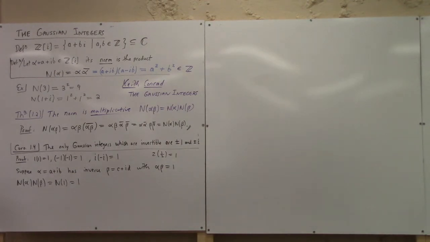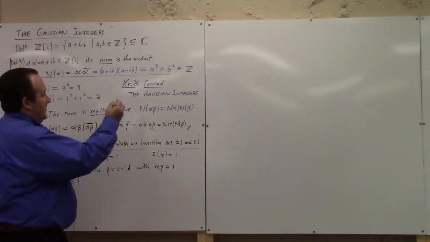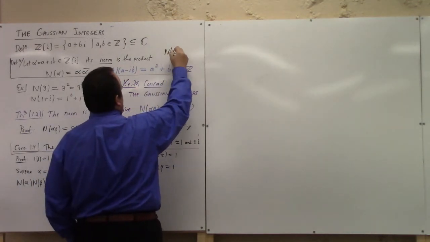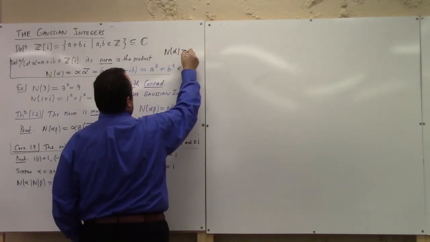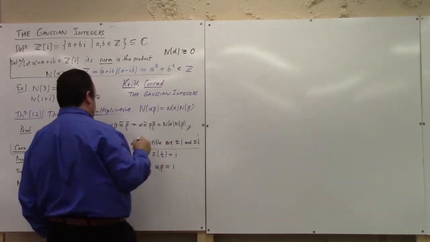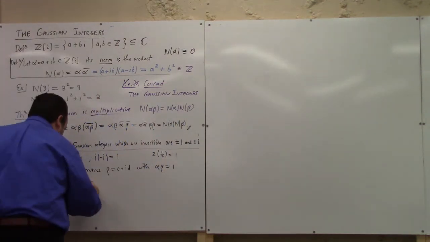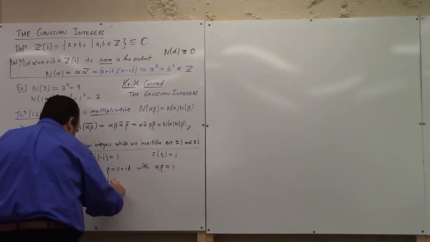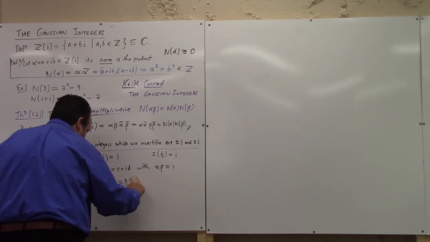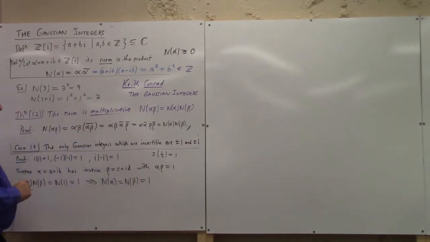Well, no. Remember, as you pointed out up here, the fundamental observation is that n of alpha is greater than or equal to 0, so it can't be. So it must be that n of alpha equals n of beta equals 1. So the only way we can have a unit is if it has norm 1.